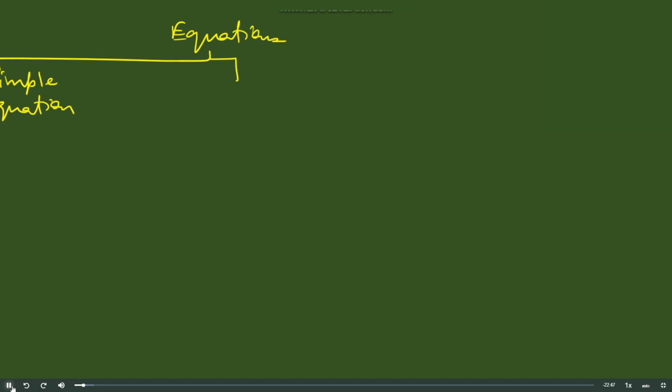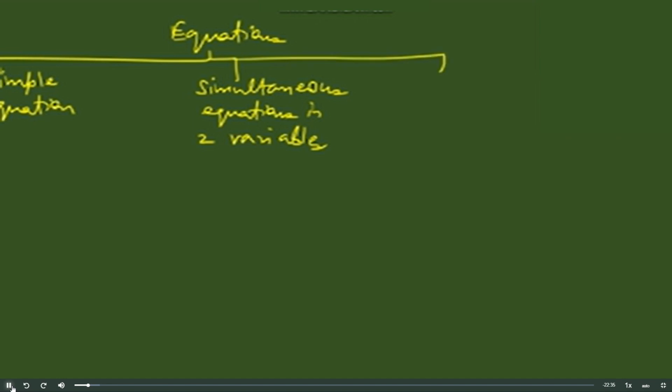Then we have simultaneous equations in two variables. That is linear equation. Okay, these are linear equations. In this also we have word problems, simple problems, etc.